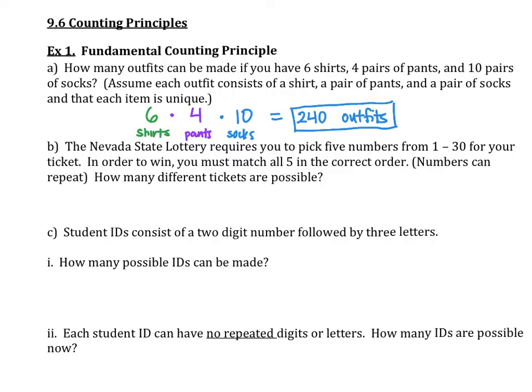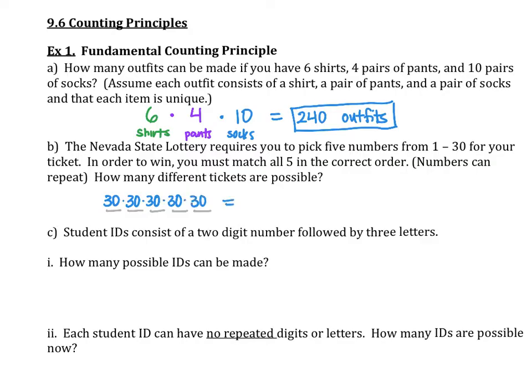So in the lottery, I have to pick 5 numbers. So I'm just going to leave 5 blank spots and consider them. If I think of it like the outfits, for my first number, I could have anything between 1 and 30. So there's 30 possibilities for the first spot. For the next one, again, 30, 30, 30, 30.